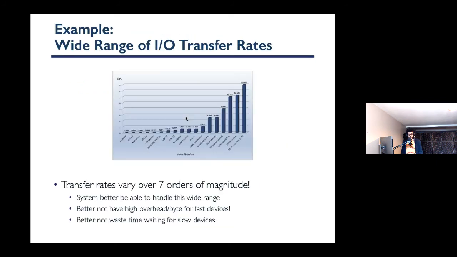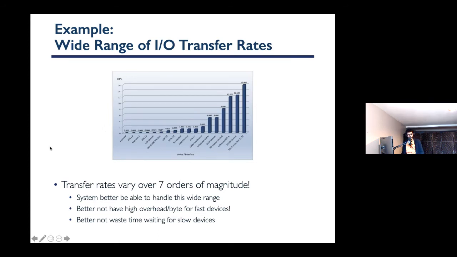The point being here is that in this graph I have on the x-axis different devices, and on the y-axis their transfer rates, how fast they can transfer data. And as you can see, there is a whole range of devices. So you have devices like the keyboard at the end of this spectrum, which are very slow in how much data they can transfer, which makes sense because that's about your typing speed.